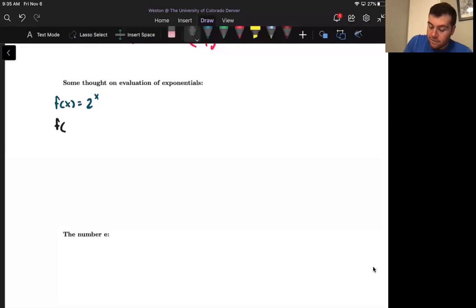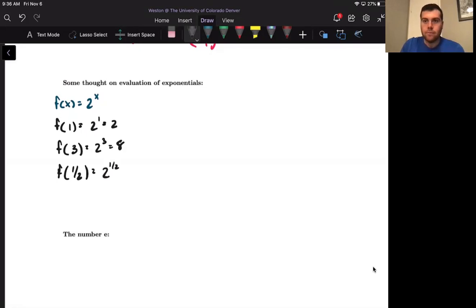So f of 1, we know we're just going to plug in 1 where x is, and we get 2 back. F of 3, that's 2 cubed. And we just cube 2, and we know that that's 8. Even f of a half, that's 2 to the 1/2.